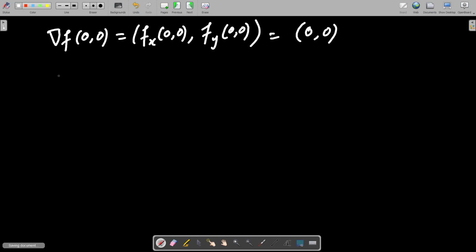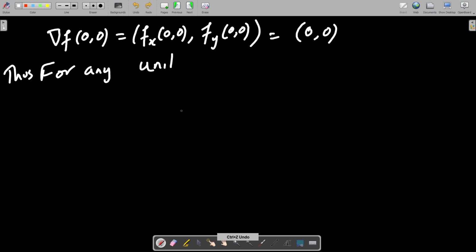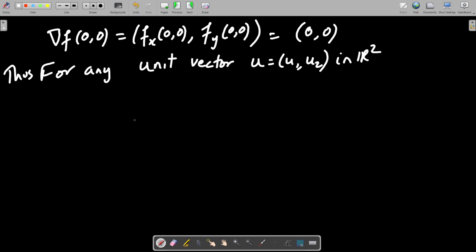So for any unit vector u = (u1, u2) in R2, consider the gradient of f at (0,0) dotted with u.